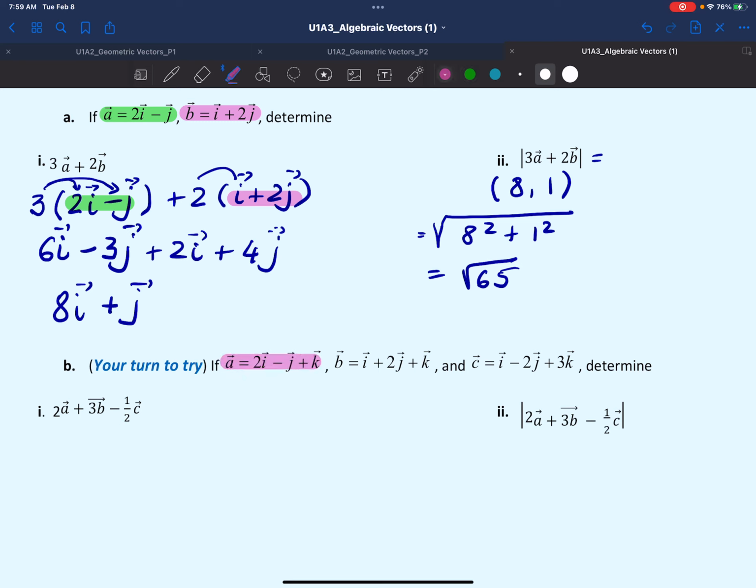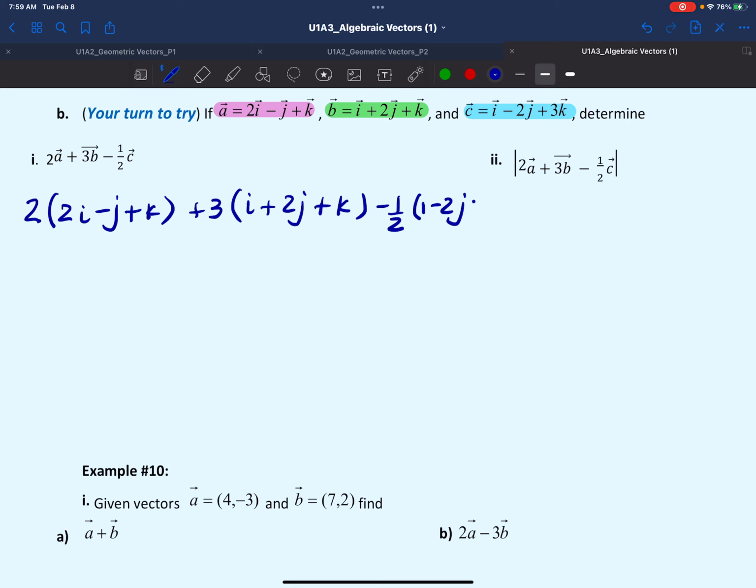So we have a and b and c here. So we have to find 2a plus 3b minus half c. So here we go again. We have 2 times (2i minus j plus k) plus 3 times (i plus 2j plus k), and then minus half of (i minus 2j plus 3k).